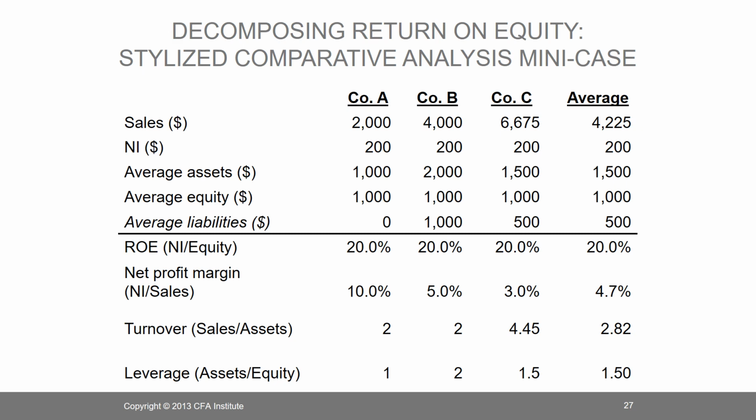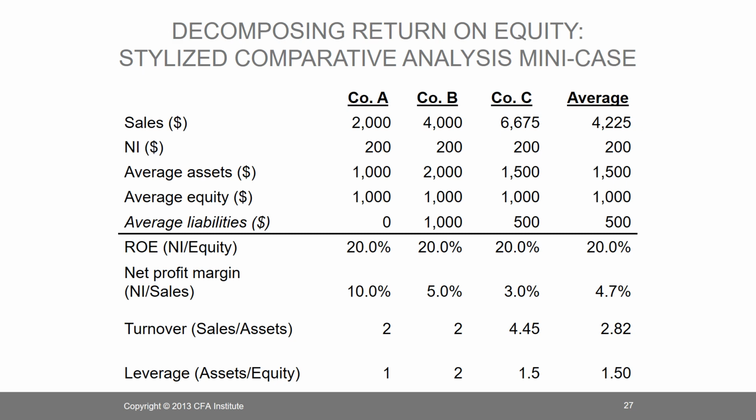They have a 2x leverage versus the 1.5 average for the three companies. Its turnover is below average and its profit margin is very slightly above average, but leverage is what's driving their return on equity.